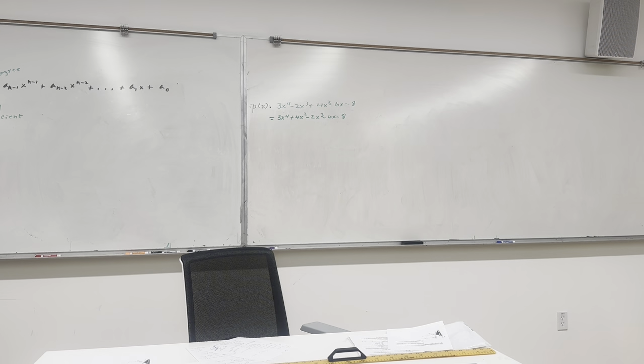Why is that not acceptable? There you go. Because it's not in the order. What order did they usually ask you to place your polynomials in? From the greatest to the smallest. Let's start with the greatest and drop down to the lowest. It's in descending order. If it's not in descending order, they usually took a point off.